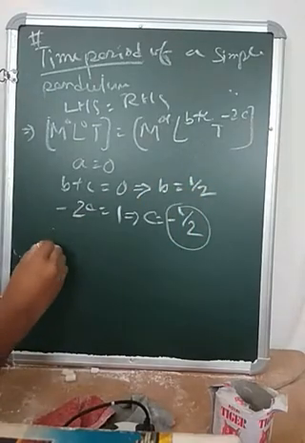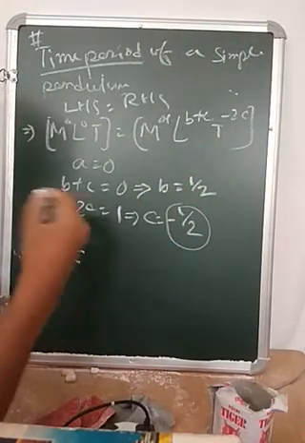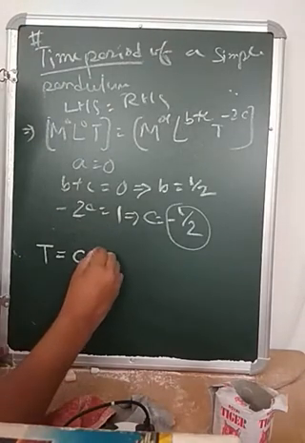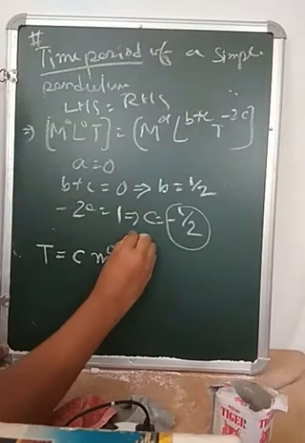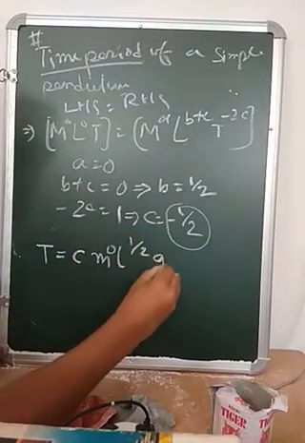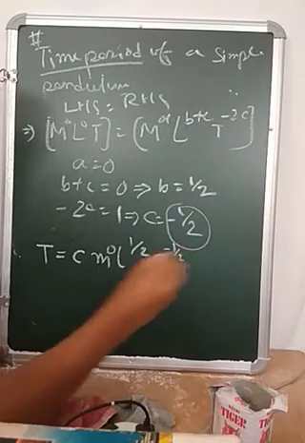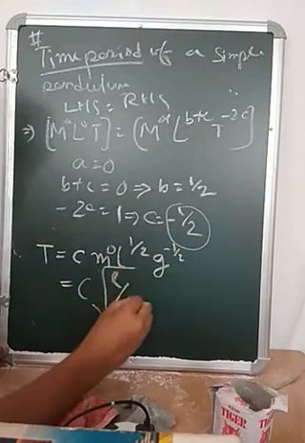So how do we represent time? Time is equal to k, the time period of a simple pendulum. T is equal to k, m to the power 0, l to the power half, and g, acceleration due to gravity, to the power minus half. How do we write this? k root over l by g.